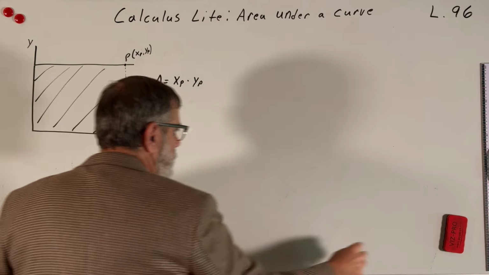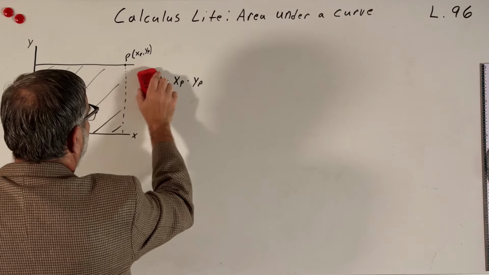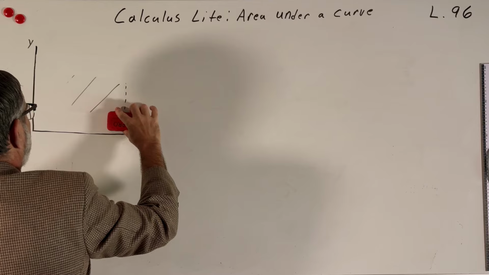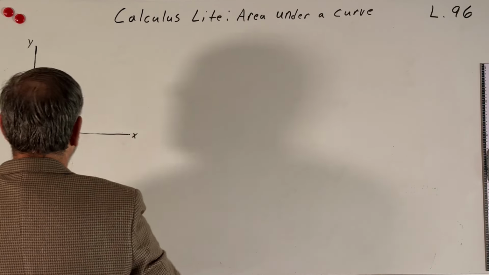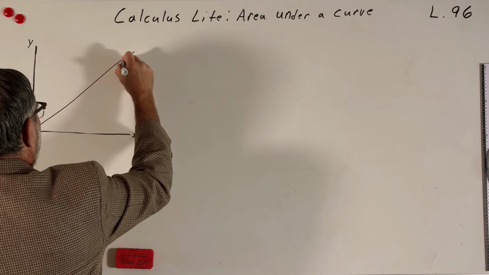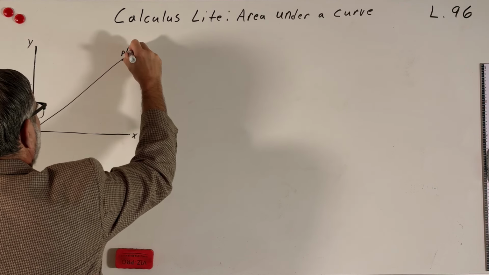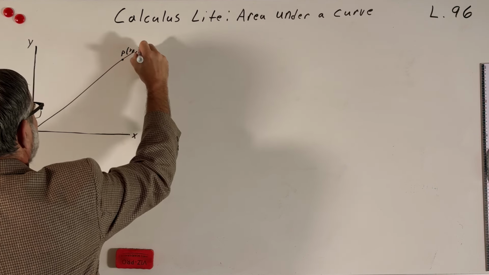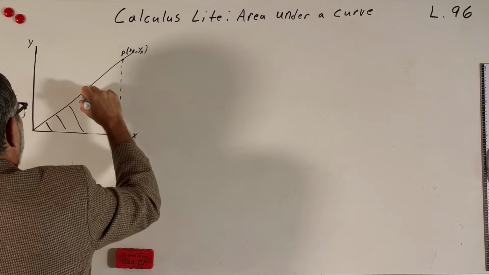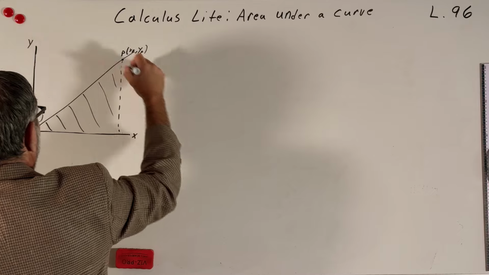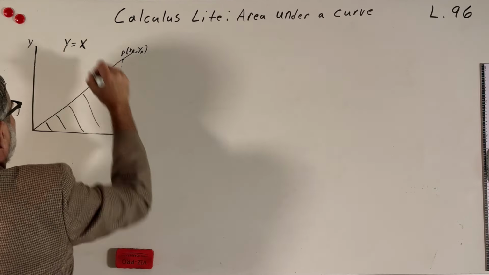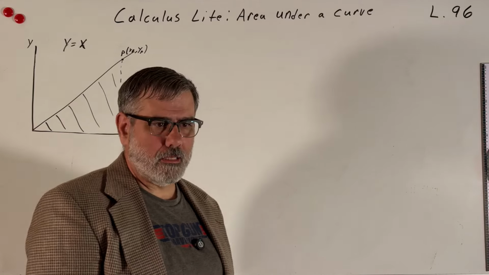Okay. Now let's do another problem. Rather, I'm going to use a different curve. This will be my point P, x sub p, y sub p. Here's the area, and we will say that the line is y equals x. Y equals x, right?